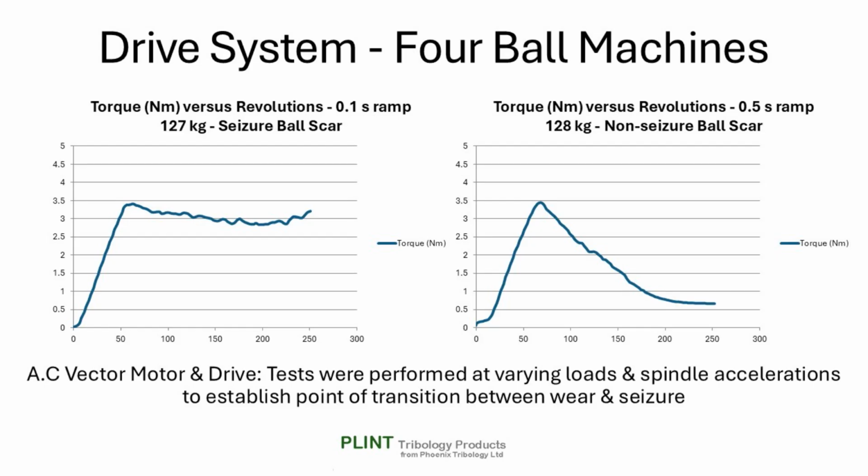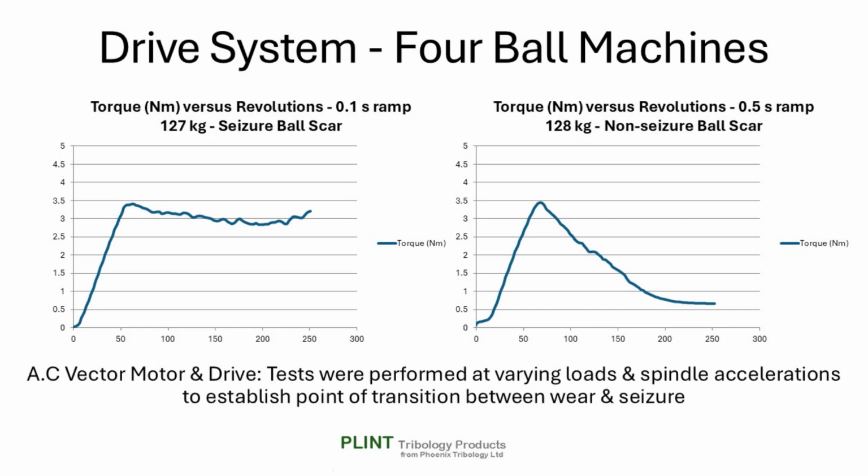The advent of AC vector motors and vector drives allows precise control of speed ramps. This capability has allowed us to investigate the effect of test spindle acceleration on the severity of the 4-ball EP test. The lubricant chosen in this case was Shell Tellus 22, and the ramp time for acceleration to the test speed of 1500 RPM varied between 0.1 and 1 second.